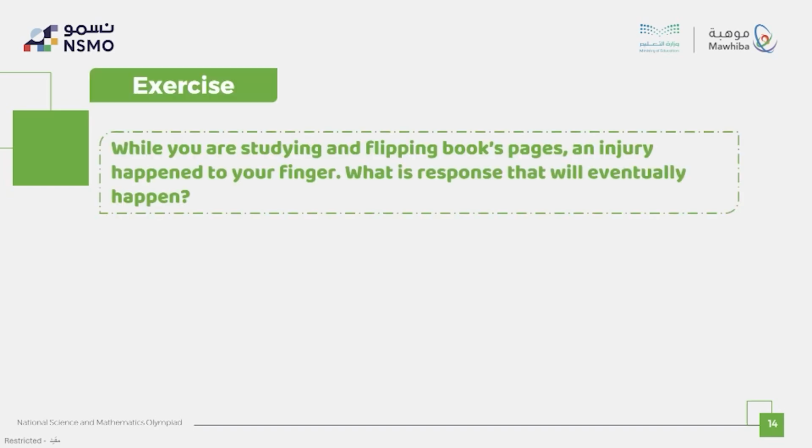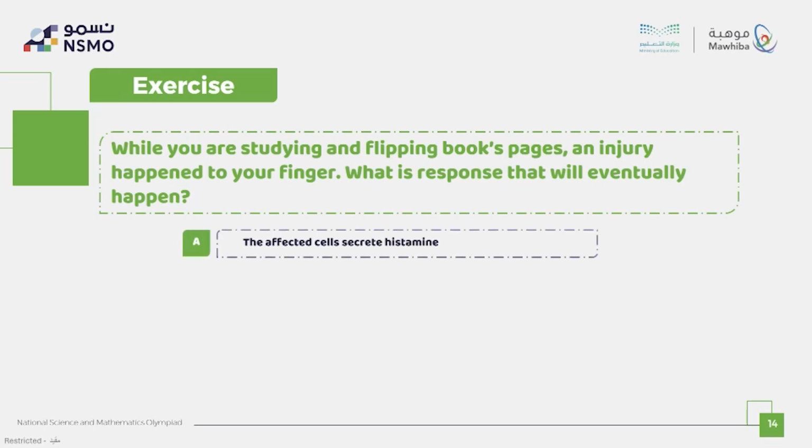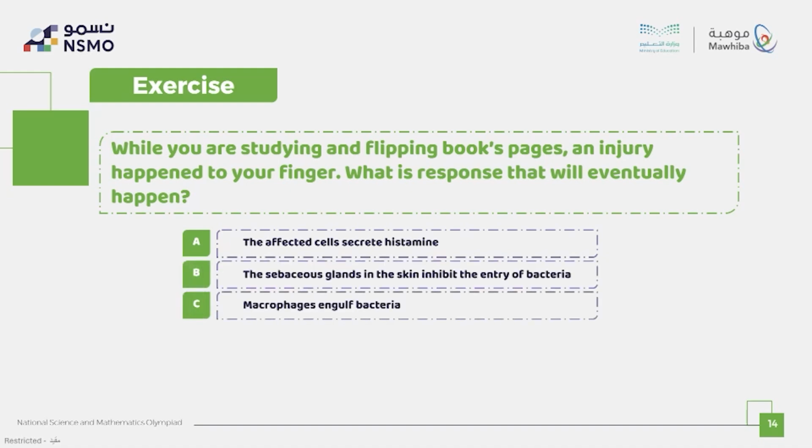Let's also have another exercise. While you are studying and flipping book pages, an injury happens to your finger. What is the response that will eventually happen? Is it that the affected cells secrete histamine, or the sebaceous glands in the skin inhibit the entry of bacteria, or macrophages engulf bacteria, or the number of white blood cells increases?